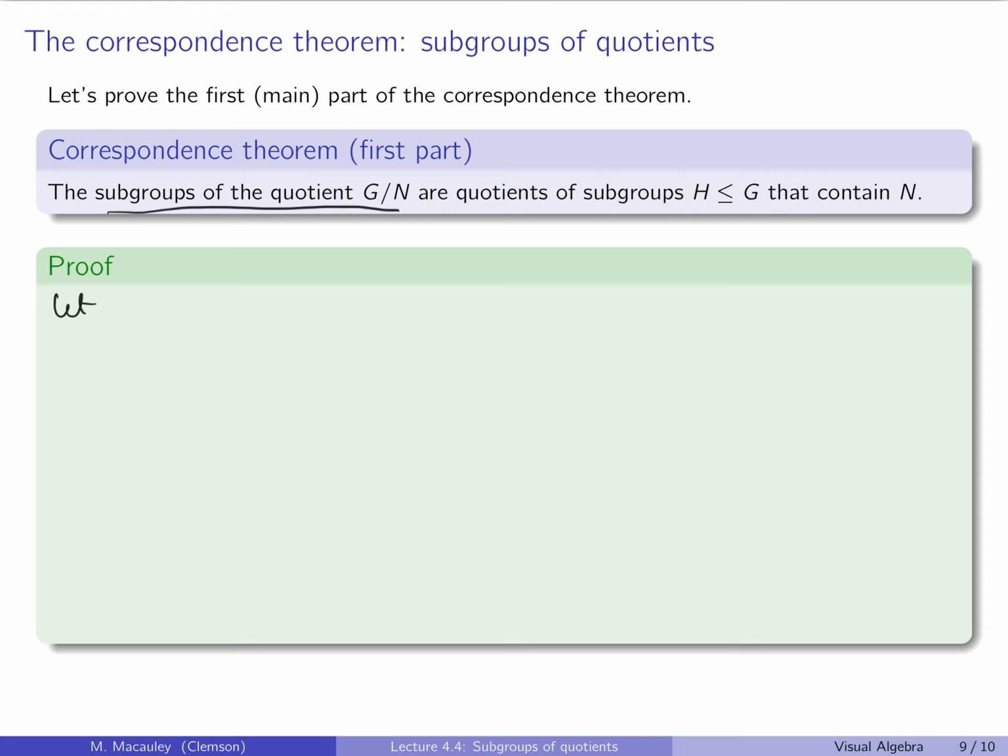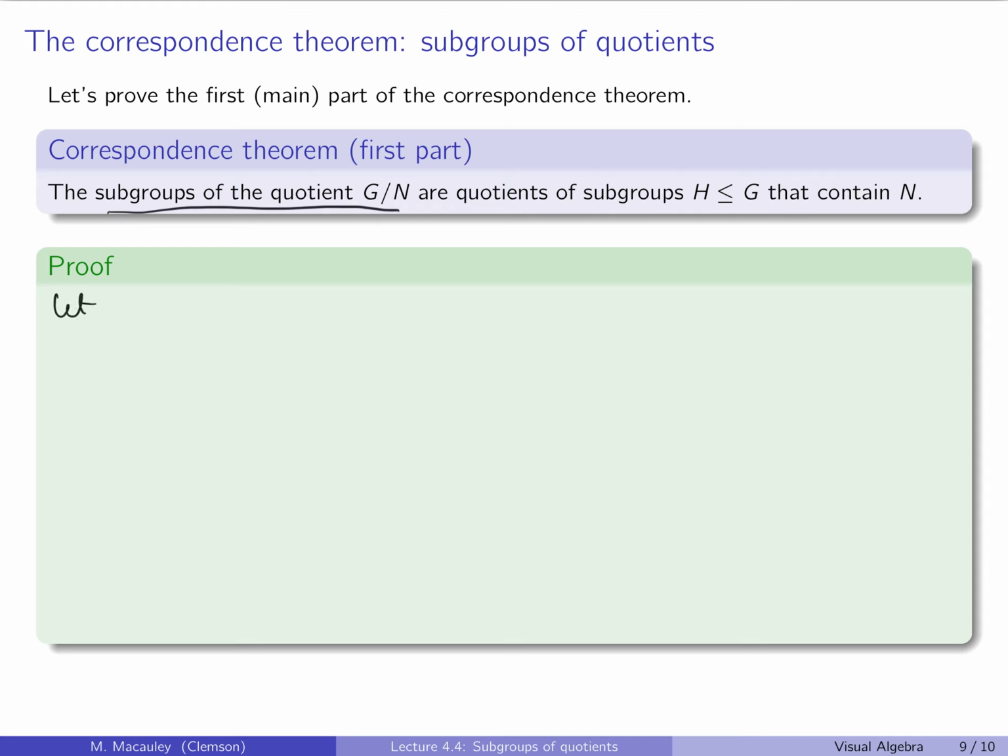Big H is the set of all things that are representatives of cosets in S. And so this tells us that H1 H2 inverse is in H. And that's exactly what we had to show with the one-step subgroup test.